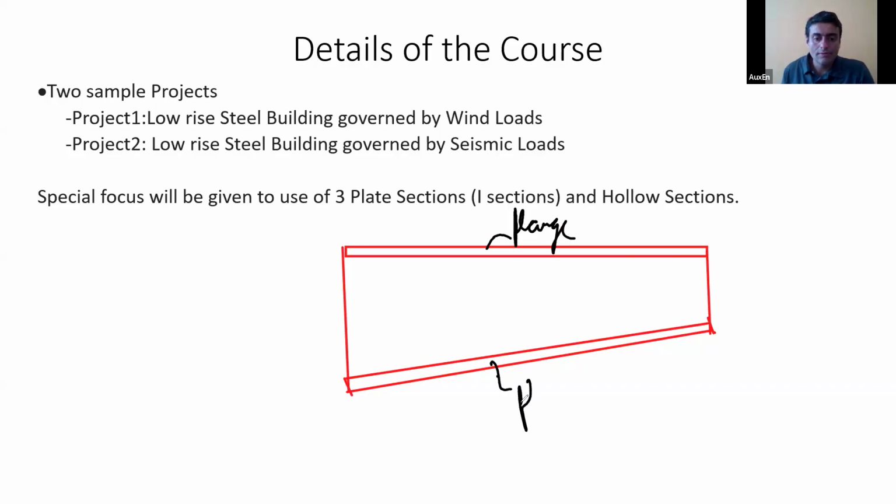This is my flange. And this is my web. And what you see is that I am making the web plate in such a way that this is the elevational view. So I am making the web depth in such a way that I am able to reduce the section moment of inertia at different sections.